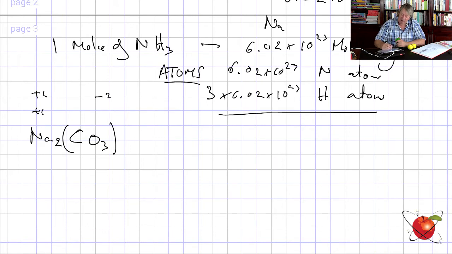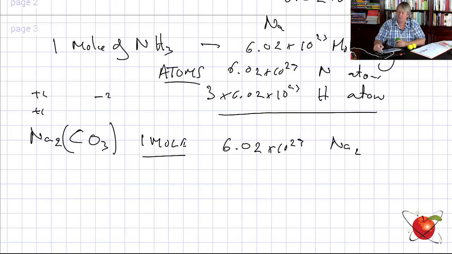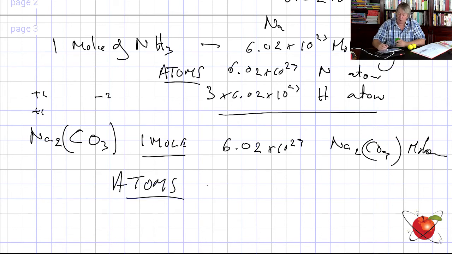So if I have 1 mole of sodium carbonate, I have 6.02 times 10 to the 23 Na2CO3 molecules, haven't I? But how many atoms? Now we have to split it to atoms, okay? We've got 2 times 6.02 times 10 to the 23 Na atoms, right?